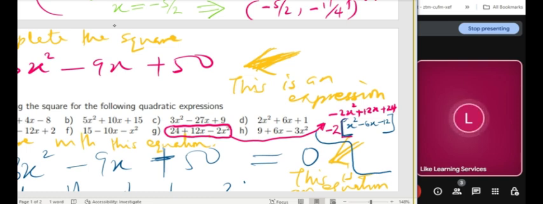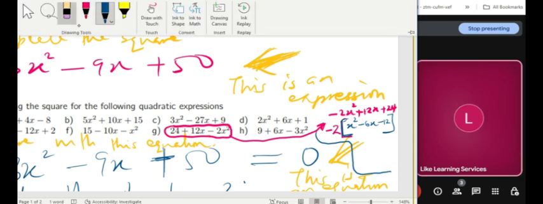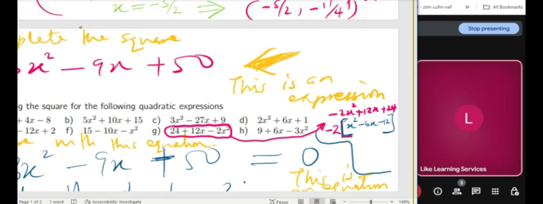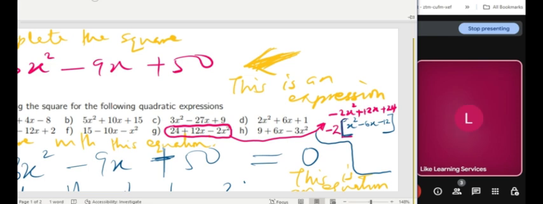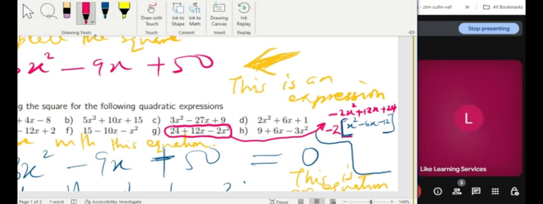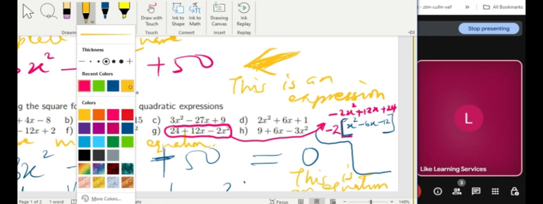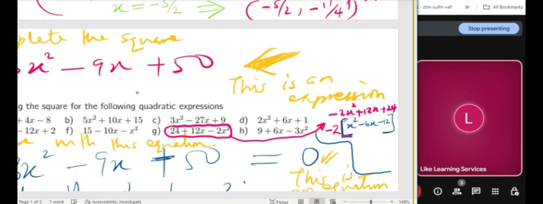You can finish it off from here. Just complete the square for the one inside the bracket. Let me just get it to a point and then you finish off the rest.